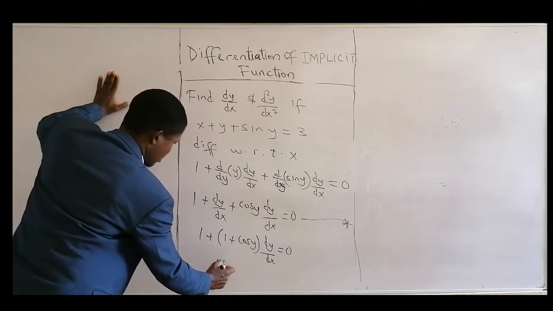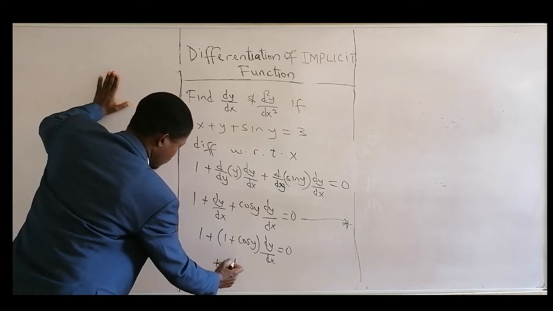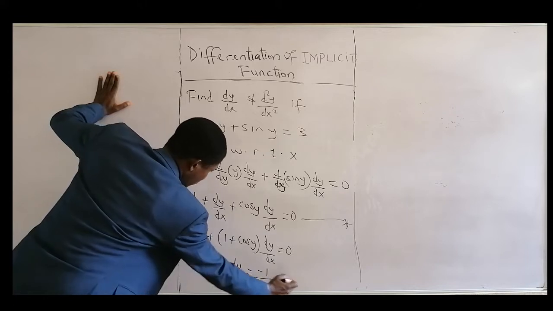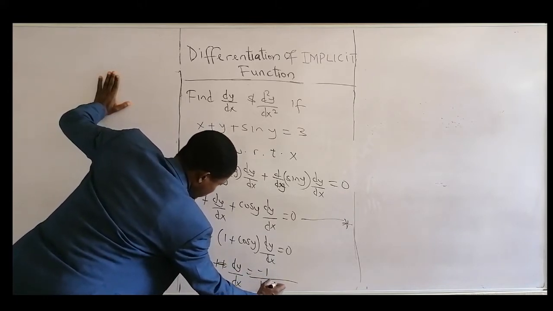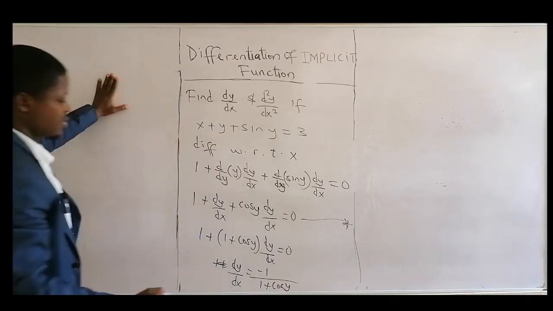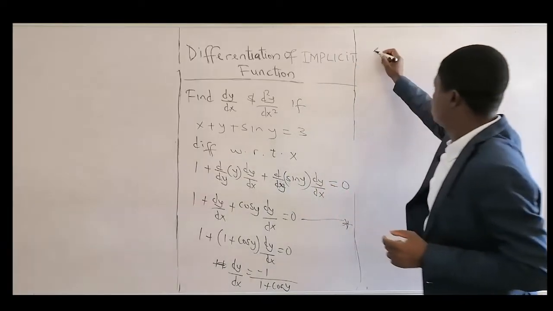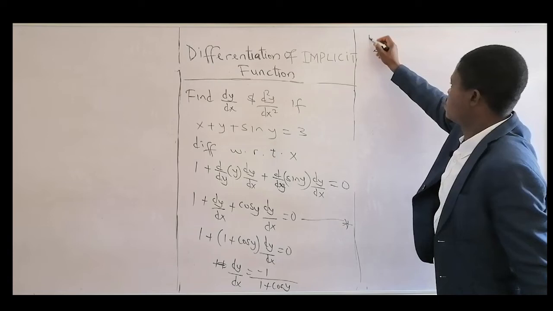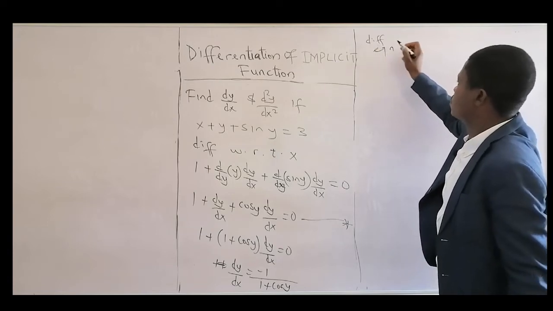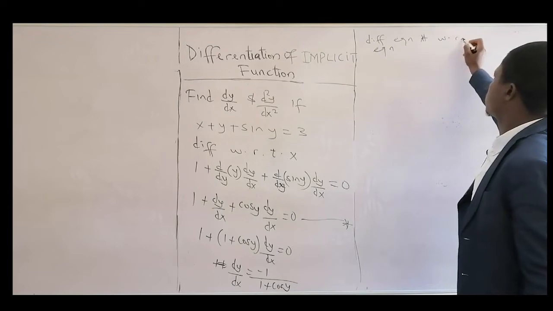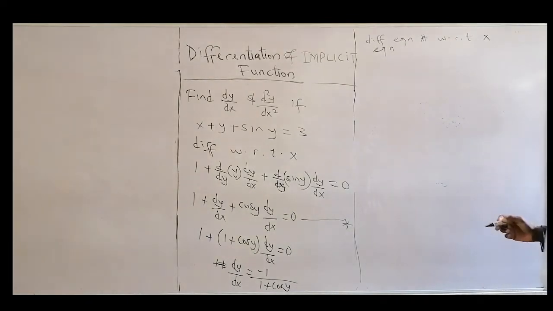So we have dy/dx times 1 plus cos y equal to minus 1, so dy/dx equals minus 1 all over 1 plus cos y. So we've gotten our dy/dx. Equation star, we differentiate equation star with respect to x again, so that we can get the second differential.